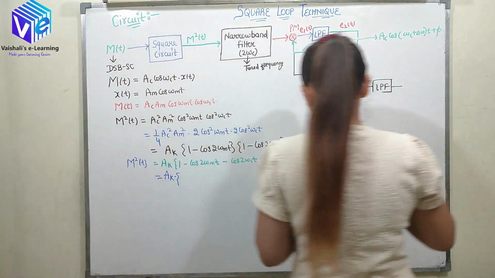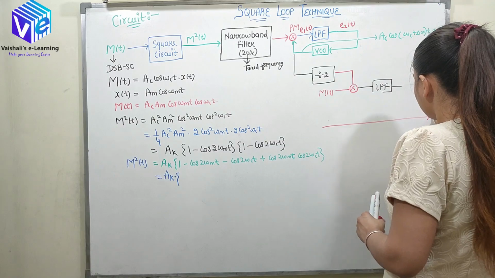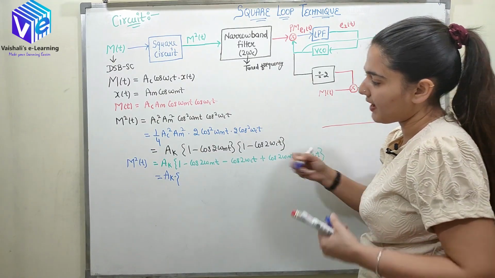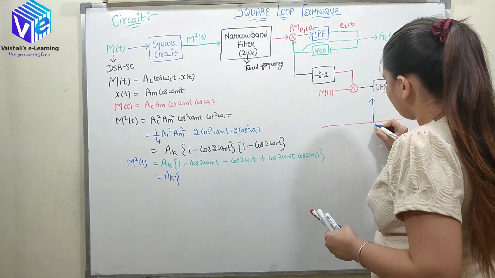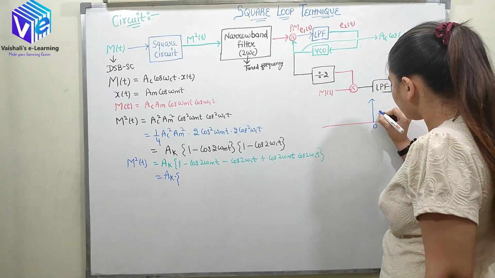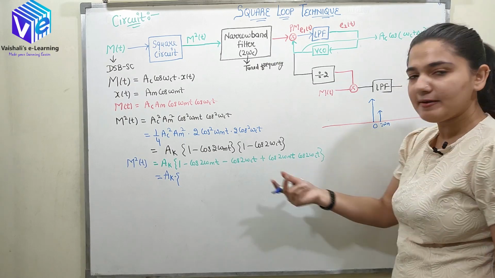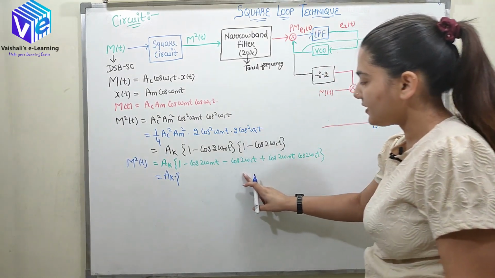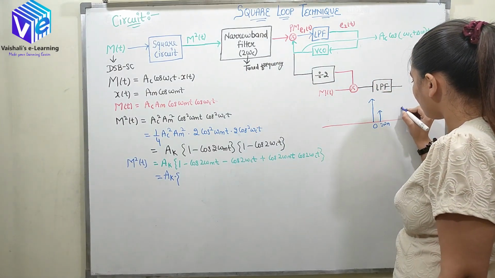If I represent the frequencies of these signals, m square t is represented by 1, so at 0 I have a signal. Now this signal is at 2 omega m, represented by an impulse because the Fourier transform of cos is an impulse. Similarly, cos 2 omega ct is at 2 omega c.